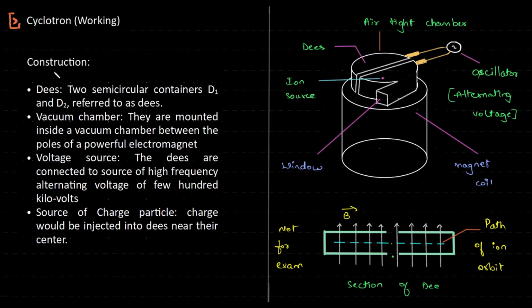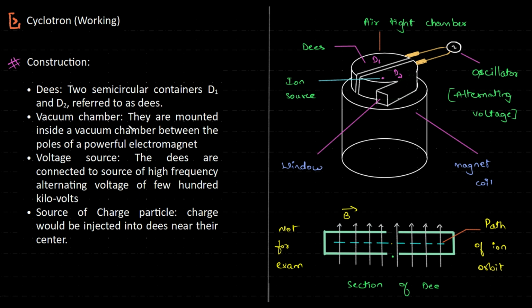Okay, so let me put it in words now. The D's, this is how you need to write. The D's: the two semicircular containers, D1 and D2, referred to as D's. So that's our D1 and D2. We'll label it. Okay, so generally, vacuum chamber.